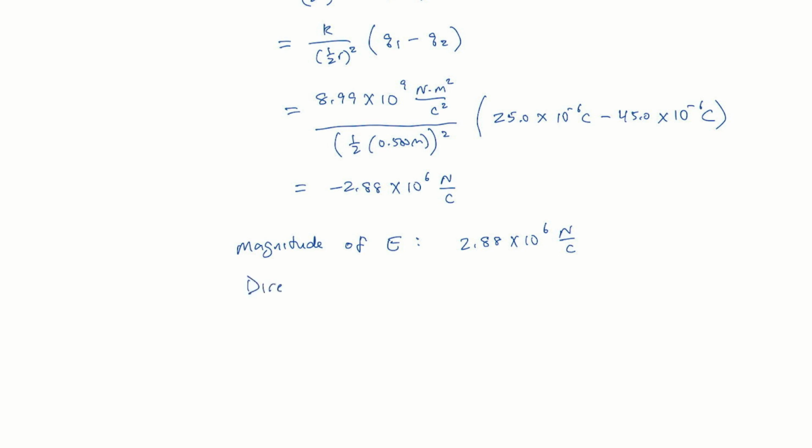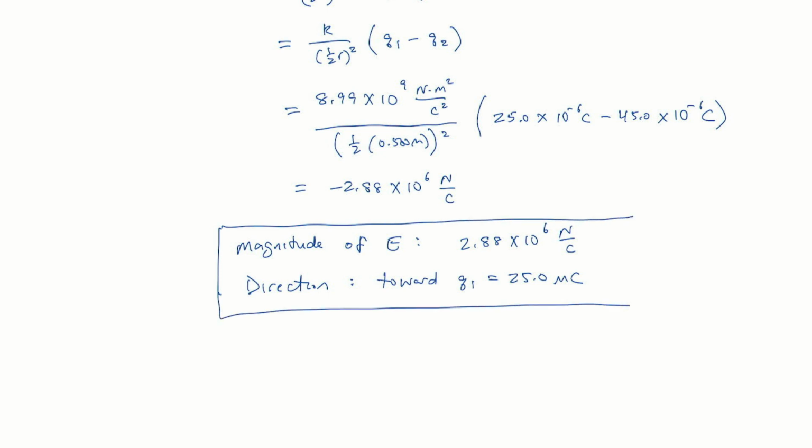Now the direction. We found a negative x direction, so that is back toward Q1. So we can say toward Q1, which is the 25 microcoulombs, because we decided that was Q1. And that's our answer for part B.